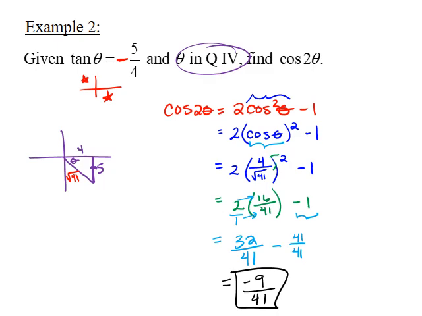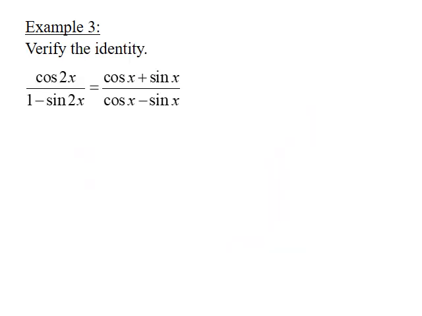Okay, so example 1 and example 2 will show you one type of problem that you will see with these double angle formulas. Just like we've done previously, we will have to verify the identity.